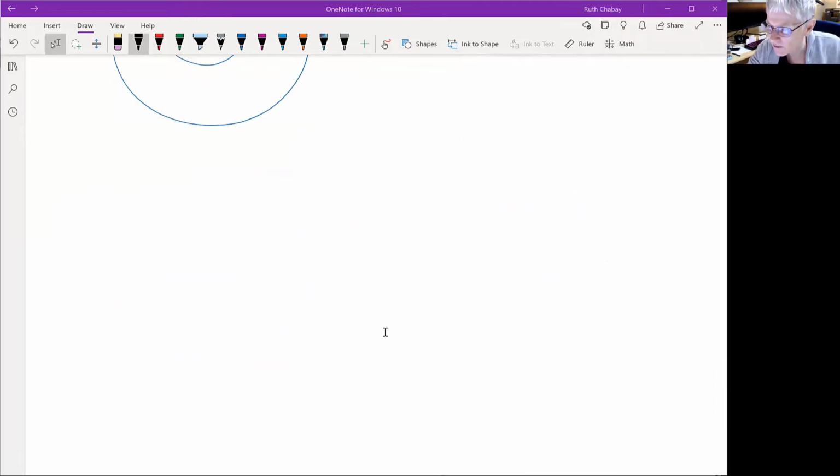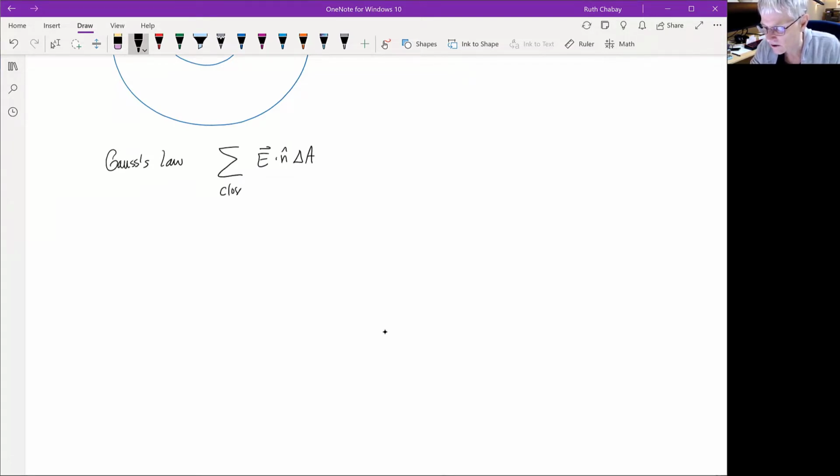But we've basically established that Gauss's law relates the electric flux, so the sum of E dot n hat delta A on a closed surface, to the amount of charge inside the surface divided by epsilon 0.